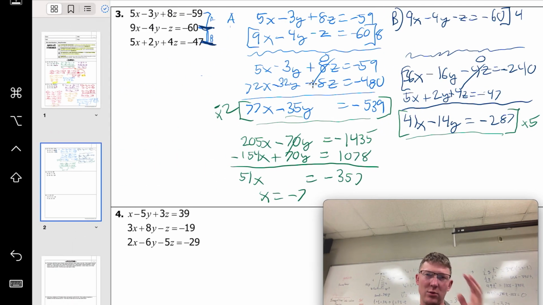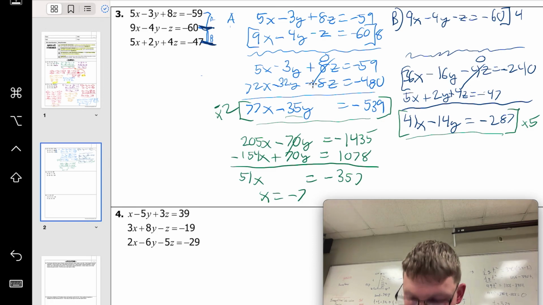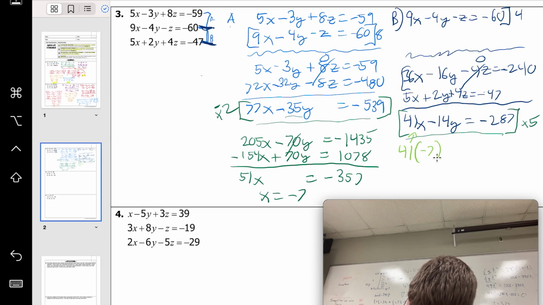Okay, we've got our x equals negative 7, so we're going to plug that back in to, I guess we can just pick an equation, can't we? So let's pick that one, I guess. Why not? It really doesn't matter. So 41 times negative 7 minus 14y equals a number.